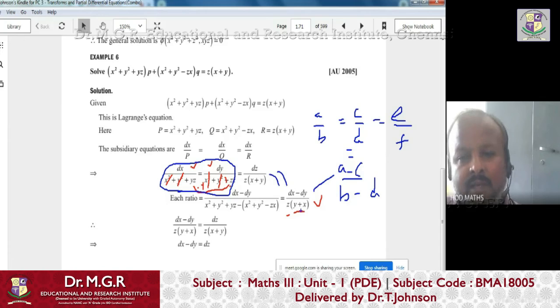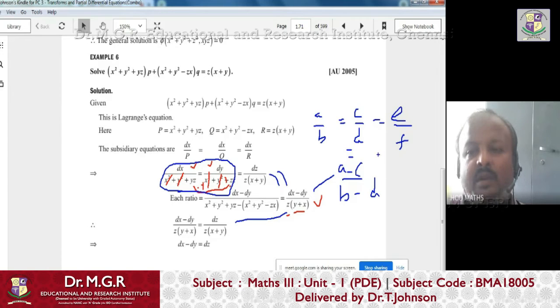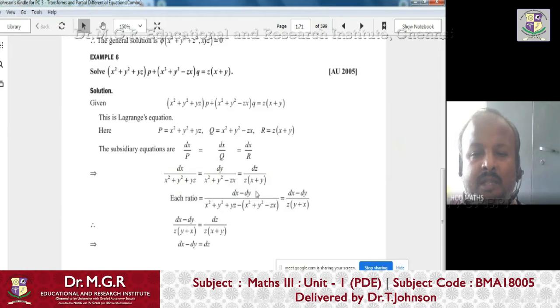So we can equate this to dx minus dy over the denominator, and that equals the last term e by f, that is dz by z into x plus y. Now automatically the denominators cancel out easily.